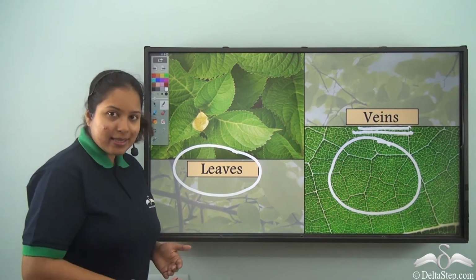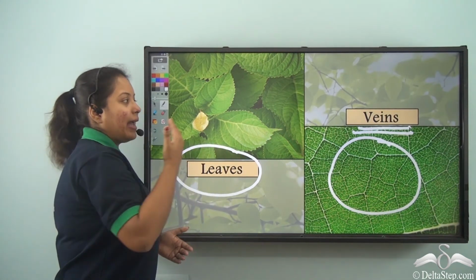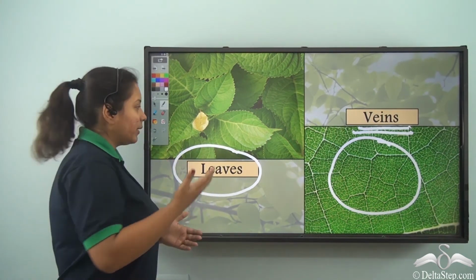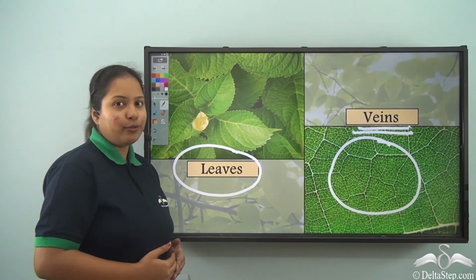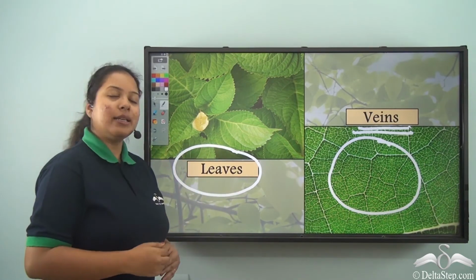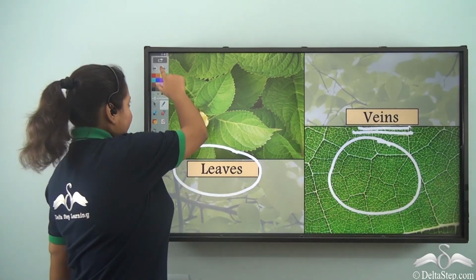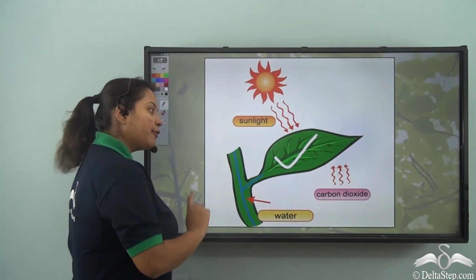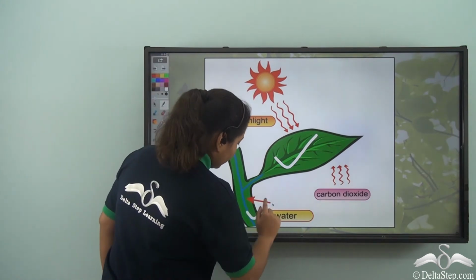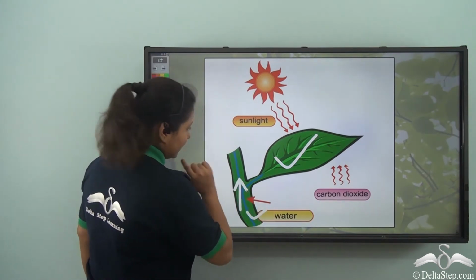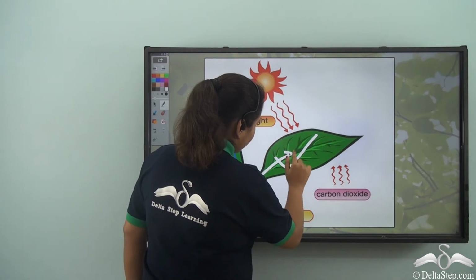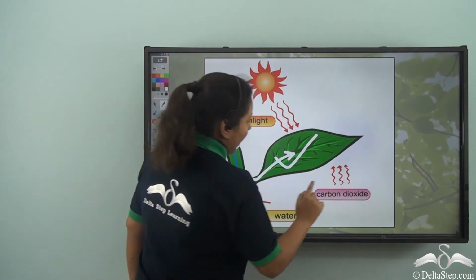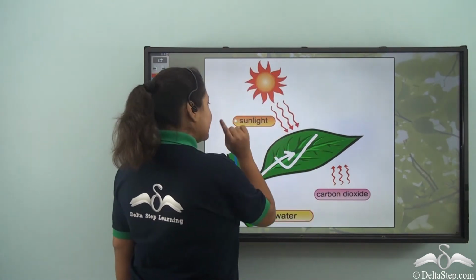And how do these help? Well, these help in transporting water in the leaves and also food from the leaves to the different parts. Over here, a leaf is shown making food with the help of water which is going through the stem and finally through the veins to the leaves, and carbon dioxide and sunlight.